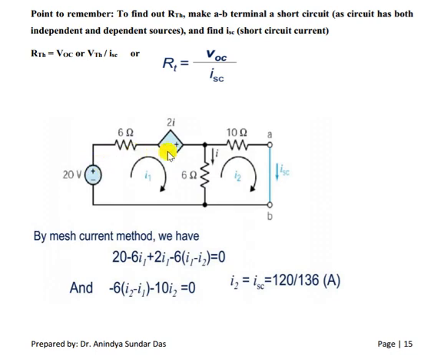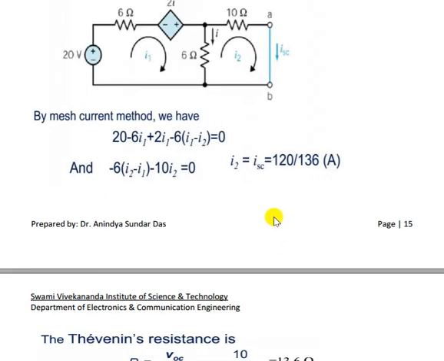So that is 20 minus 6i minus 2i minus 6 into i1 minus I2. Okay, at this term, because here now current is flowing because this is short circuited. So we got this equation. Now I2 is nothing but ISC. So after solving we get this equation, the ISC value.